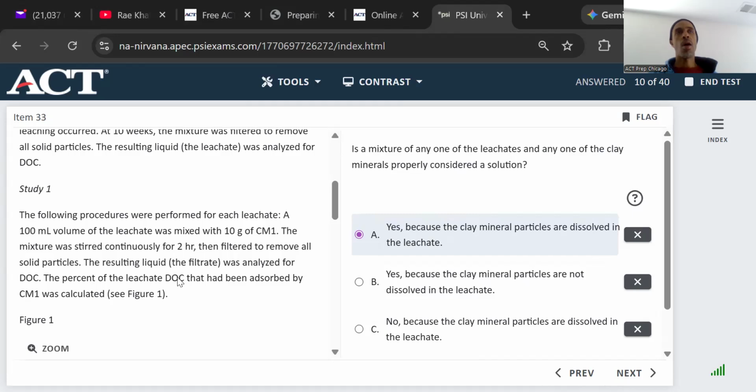I think they are dissolved in the leachate because when you stir the leachate in the clay minerals, the clay mineral ends up absorbing some of the leachate. Which would mean that the leachate is actually dissolved in the clay mineral particles.